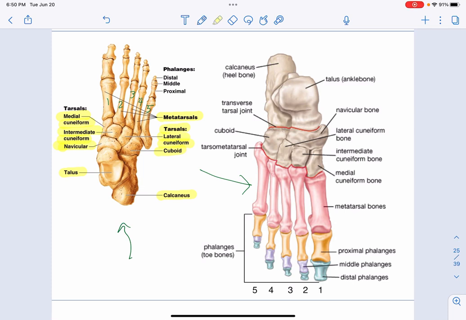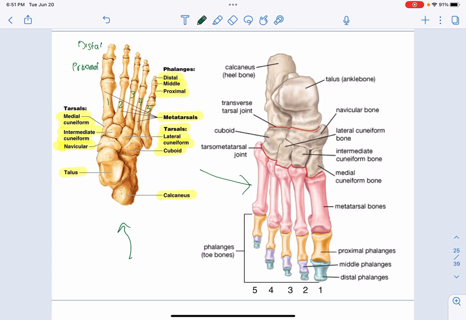So let me highlight this for you here. So you can see the big toe only has the distal and proximal, whereas all the other toes have all 3 bones, distal, middle, and proximal. And they are named and numbered the exact way.